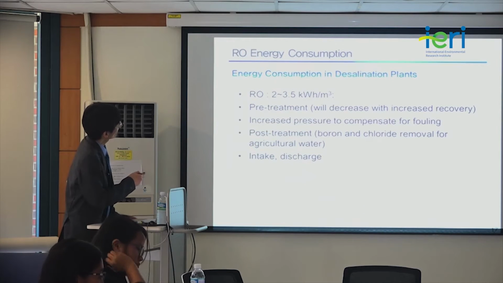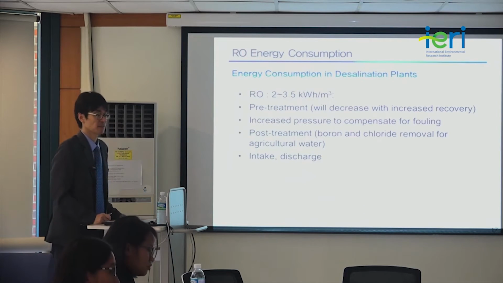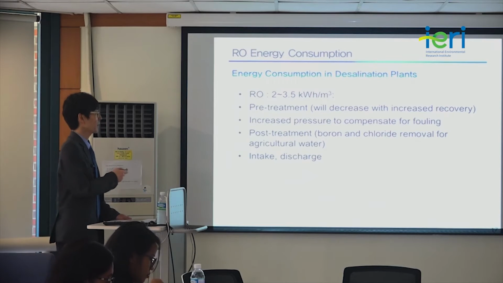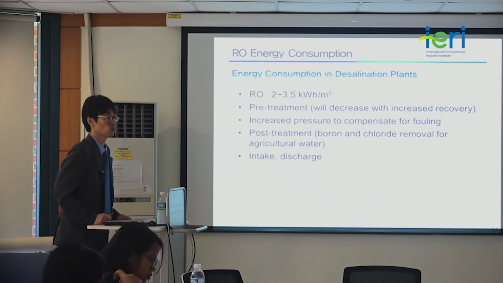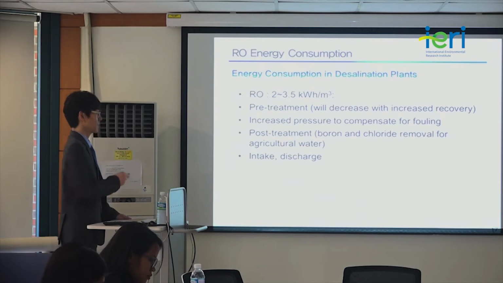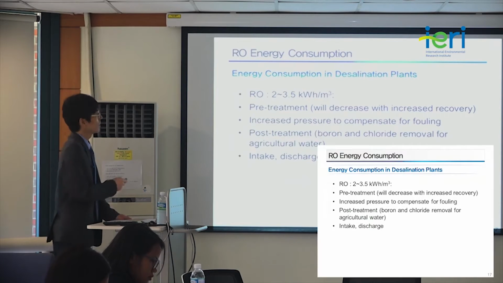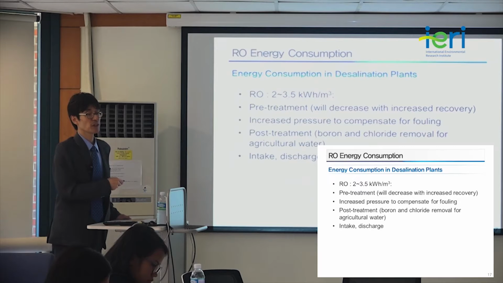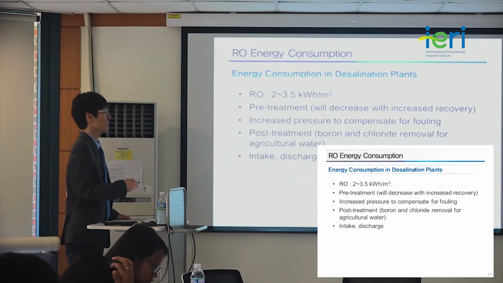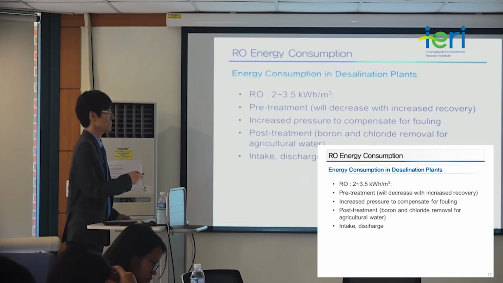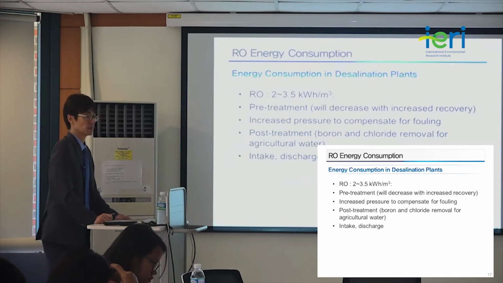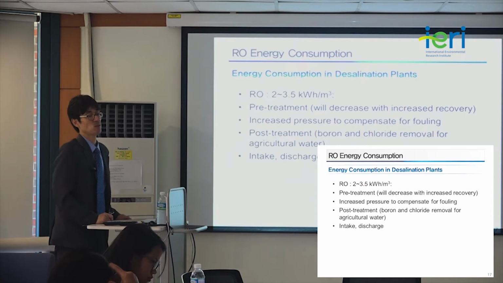And in addition to the energy consumption by the reverse osmosis, we'll have other parts that can also use energy. For example, pre-treatment, post-treatment, intake, and discharge. And even if you consider all these parts, you will have other energy consumption caused by the problems associated with the membrane.